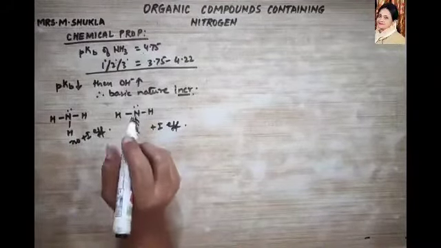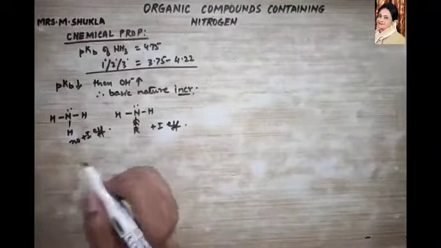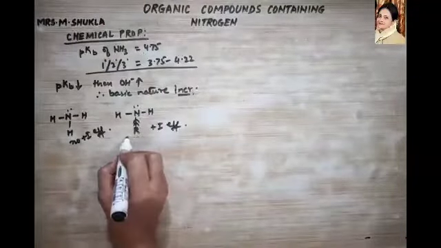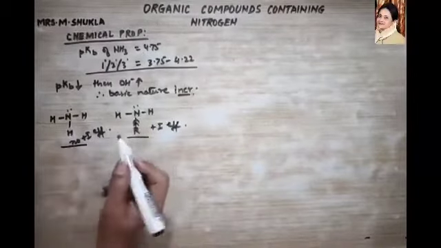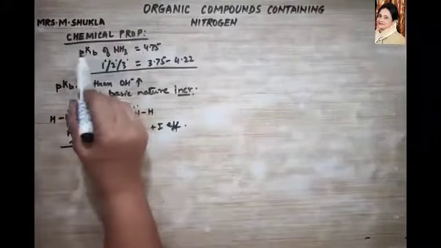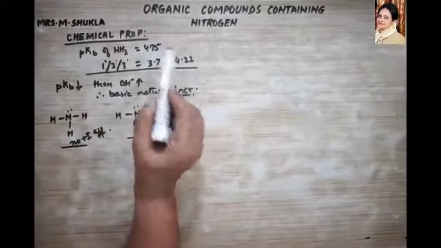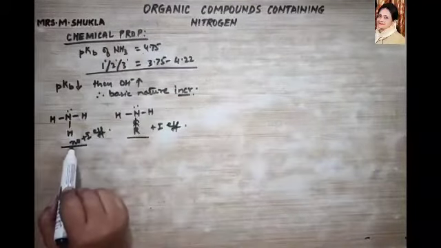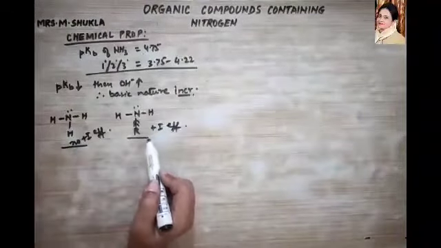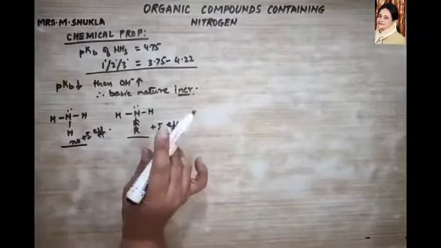Thus, whoever will donate electrons will be more basic in nature. Therefore over here we can say that amines are more basic in nature than ammonia. I hope these two points are very clear. Firstly, the pKb of ammonia and amines can be compared, and then we can also talk on the basis of plus I effect, because ammonia has no plus I effect and the amines have plus I effect, therefore they are more basic in nature.